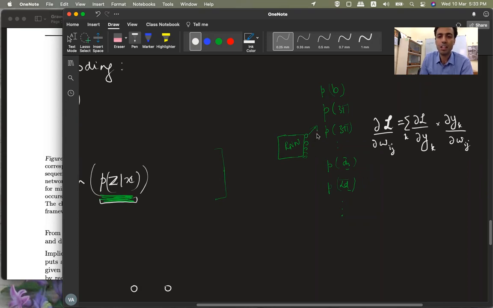Now, whether it is an RNN or any kind of network, if you know the derivative of L with respect to the output, then the derivative of output with respect to the weights is very well known, because these are standard networks. So this is known for standard networks.